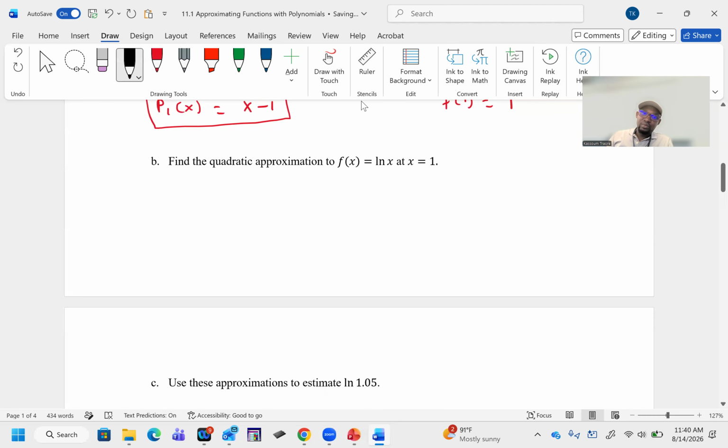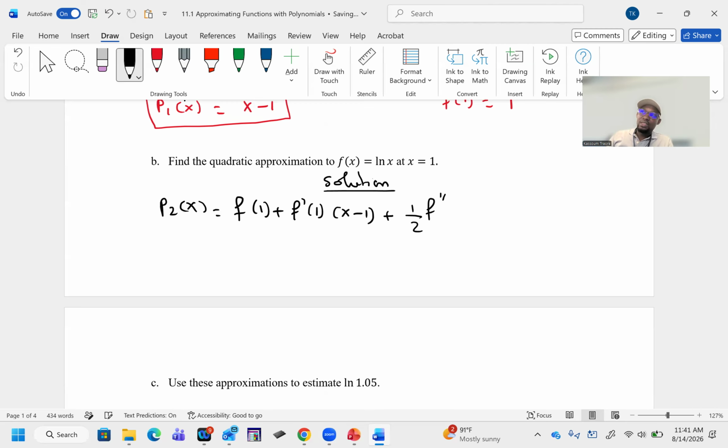So we know P sub 2 of x is f of 1, because in this case a is 1, plus f prime of 1 times x minus 1, and then plus 1/2 the second derivative of f at 1 times x minus 1 squared, right?